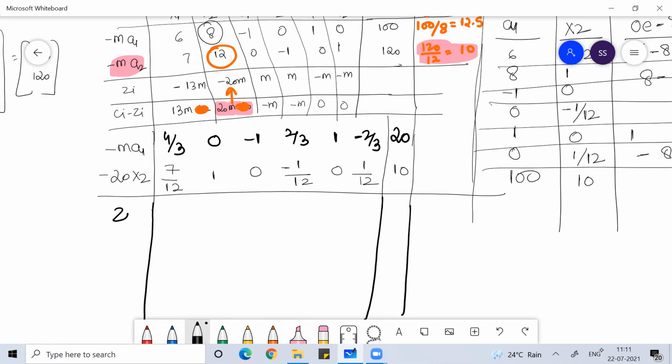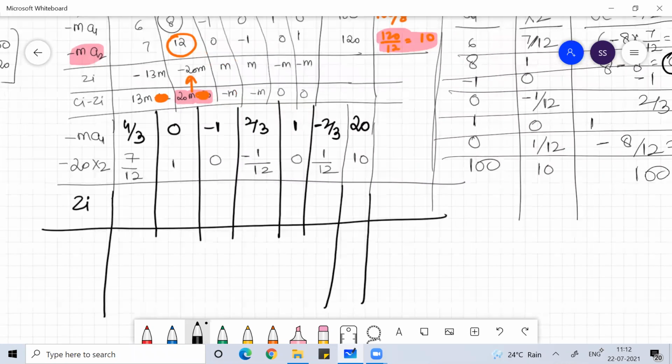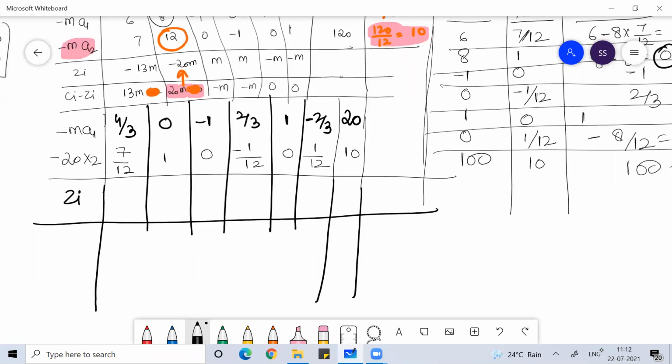Now you can find the Zi value. To find the Zi value, this would be minus 4m by 3 minus 140 by 12.